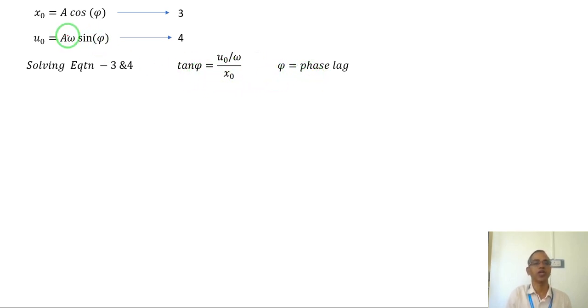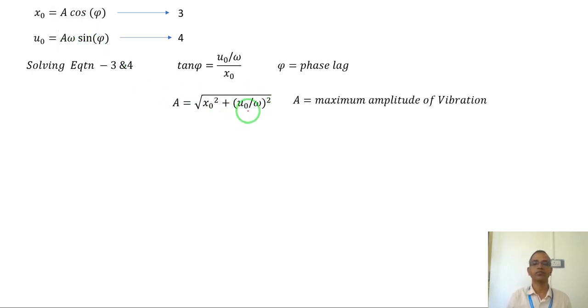The second unknown is A. That can be found by taking the square of these two equations: x naught square plus u naught square by omega square equal to A square, since sin square phi plus cos square phi equal to 1. So A becomes the square root of x naught square plus u naught by omega whole square, which is the maximum amplitude of the vibration.